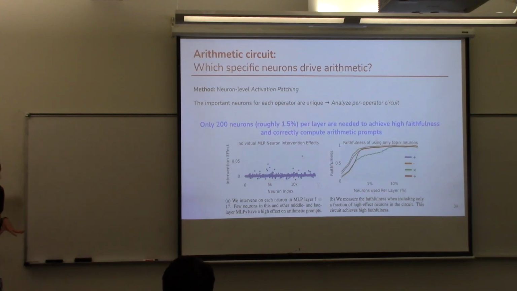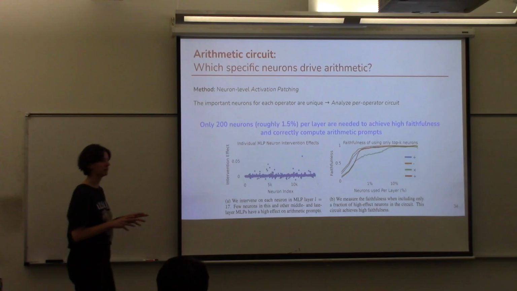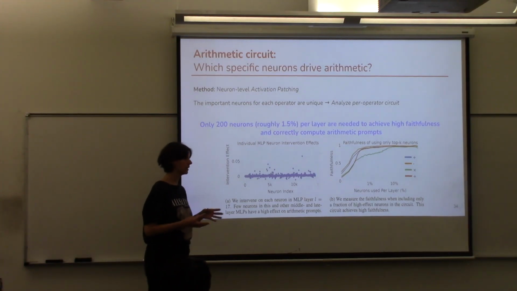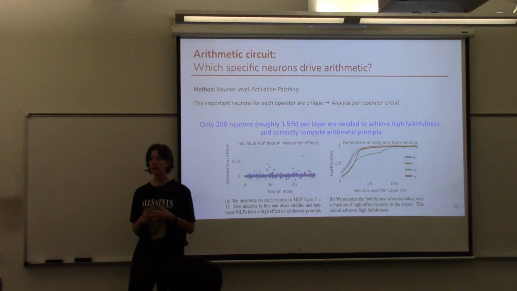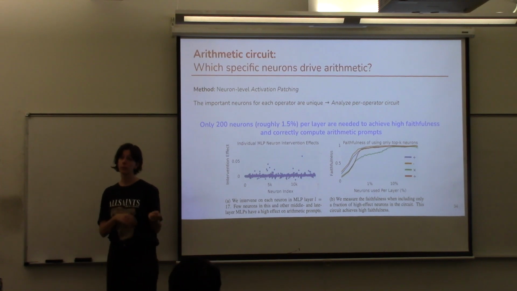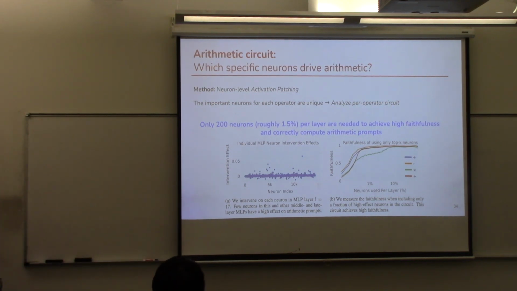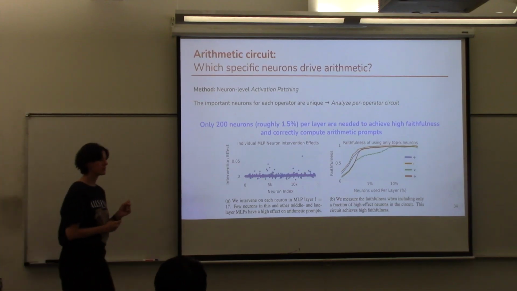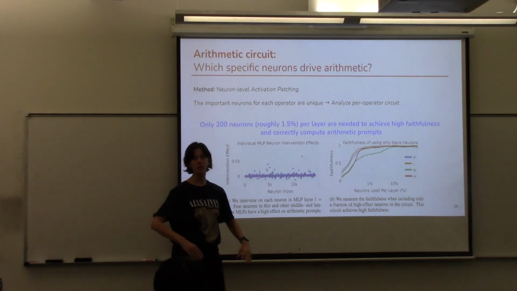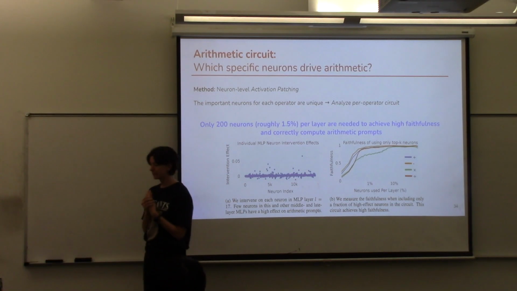Okay, so now they have these components and information about them being important, but they don't really have information about what these components are doing. In the next sequence of experiments, they are going to try to make sense of what these components are doing to say what the model overall is doing.